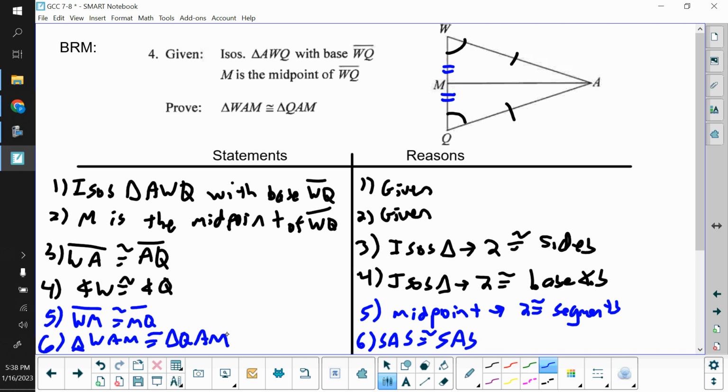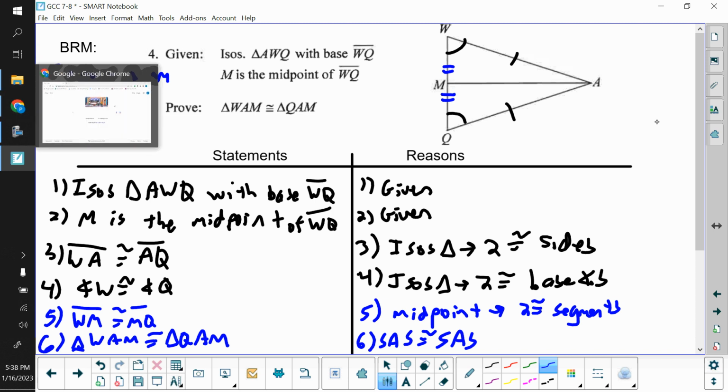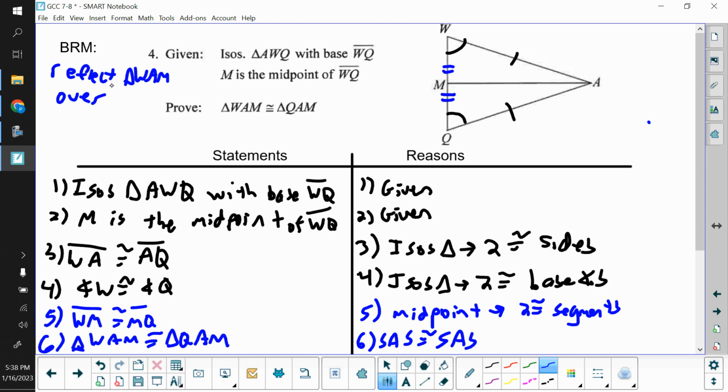So you got to make sure it is one that works. Our basic rigid motion, we would have a reflection here. So reflect triangle, and I'm going to pick WAM, over AM.